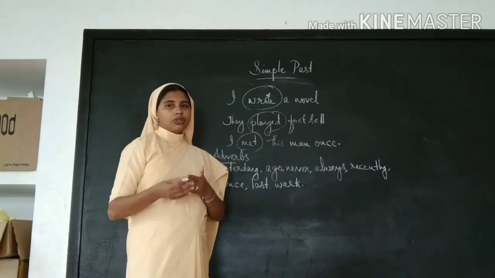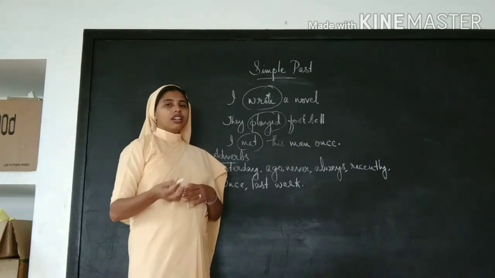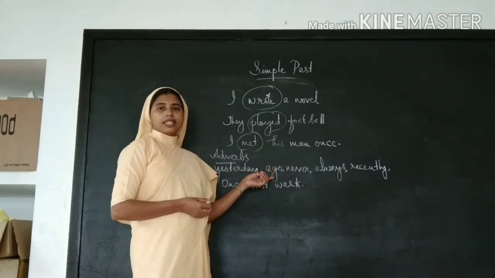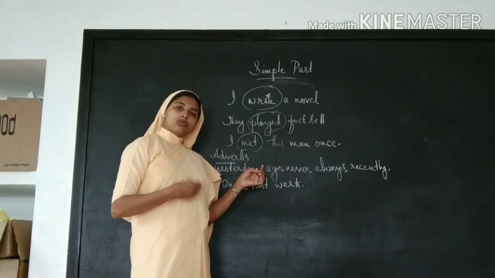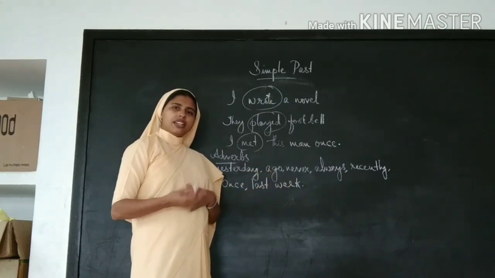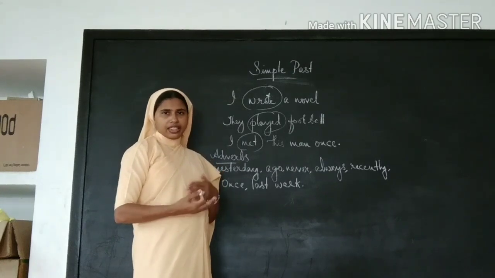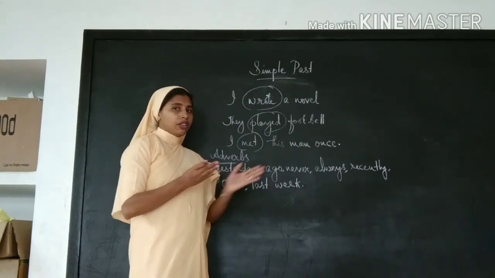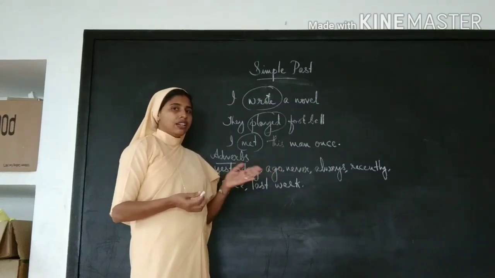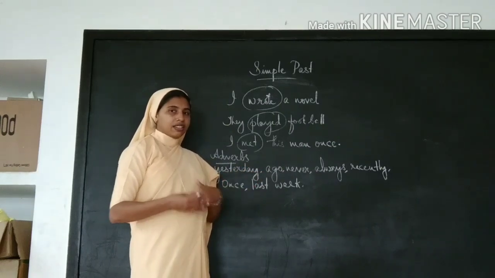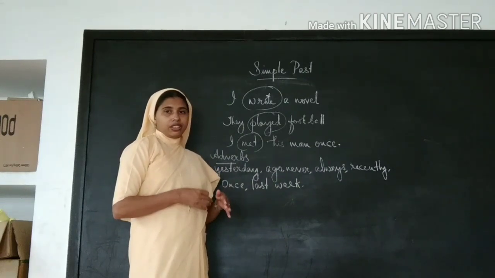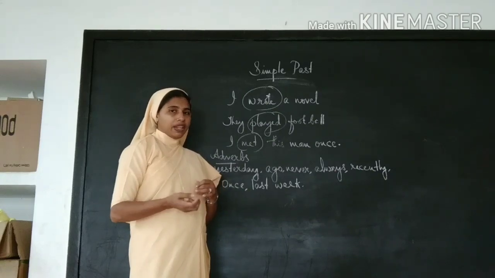I wrote my notes yesterday. There was class yesterday. Another adverb is ago: I met him 2 years ago. Another is never: I never ate chocolate. The same is used in simple present also, if it tells about things happening always. They always did it. They always played.